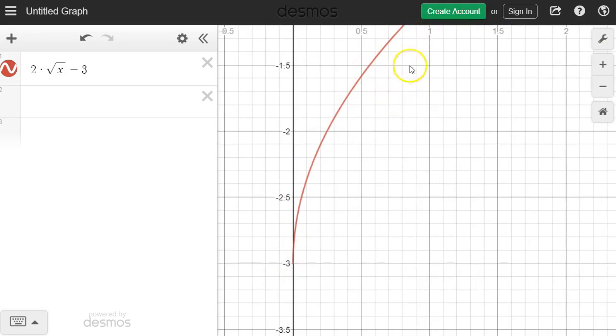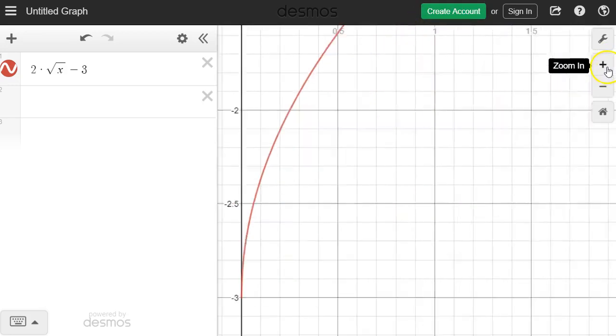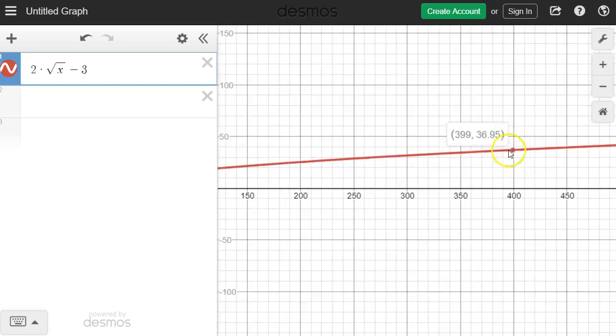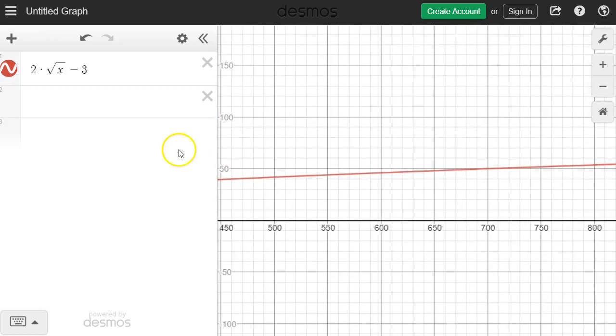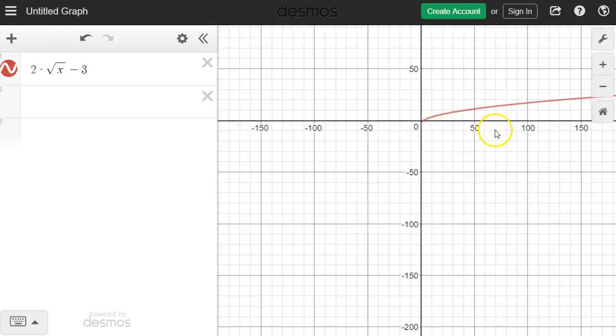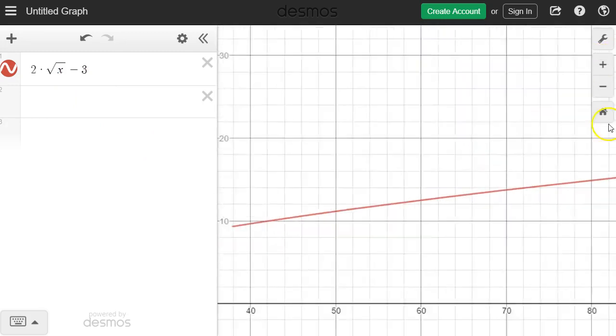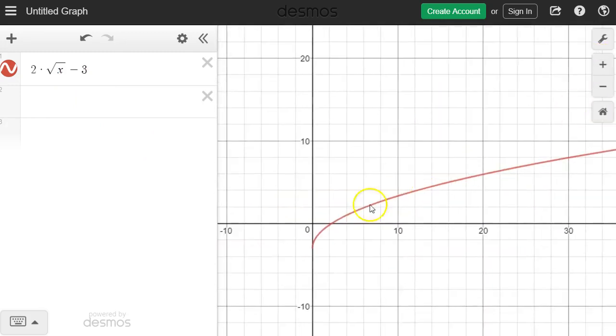It ends up being pretty flat, but it is always going up, and you'll never stop going up. Okay, so that's from -3. Remember, the vertical axis is range. So -3 to infinity. Vertical axis, -3 to infinity.